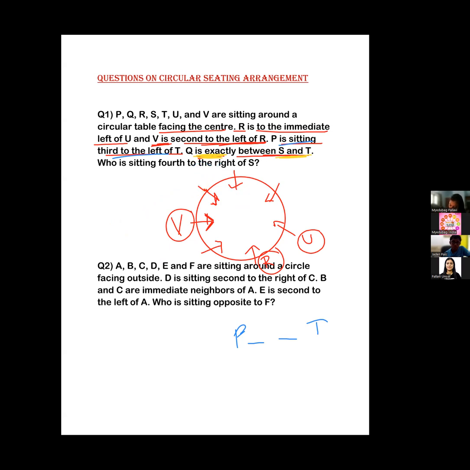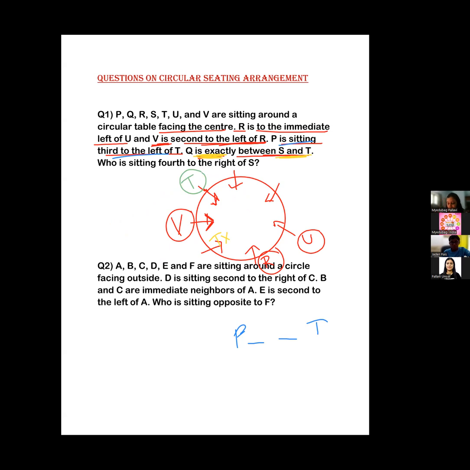So now we'll try another possibility for T. I'll write T and put a cross here, because T cannot come here, right? Now let us see if T can come here. Let us try with this position. If T is here, P is third to the left.